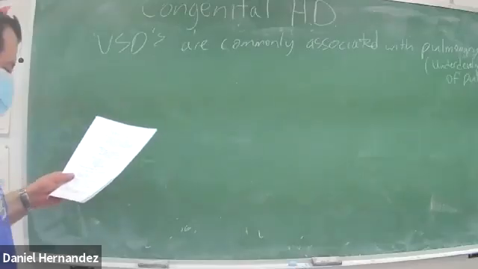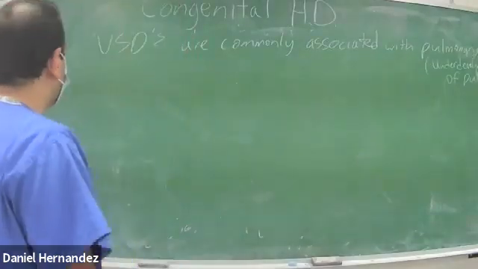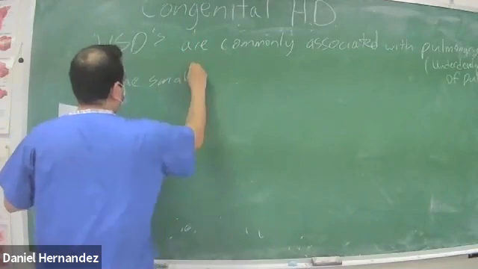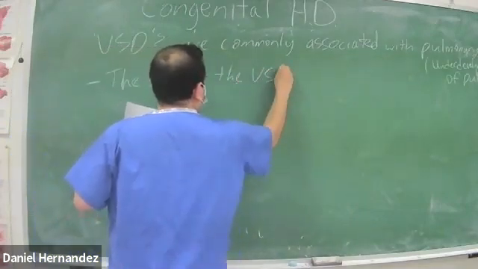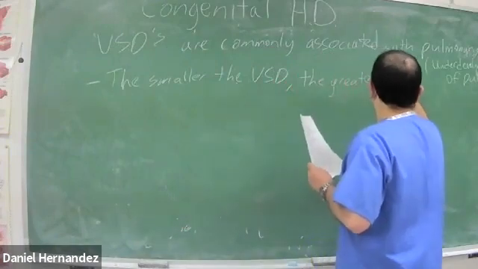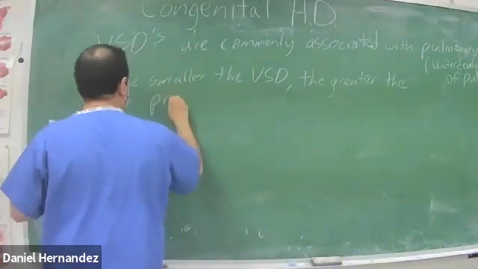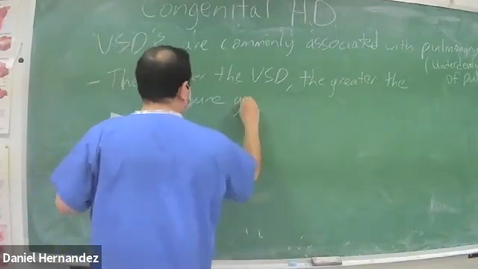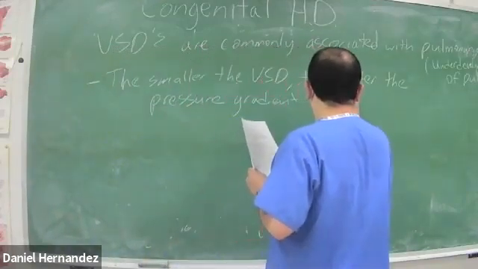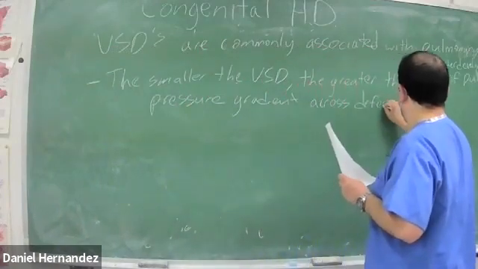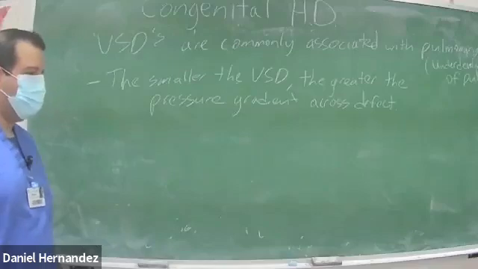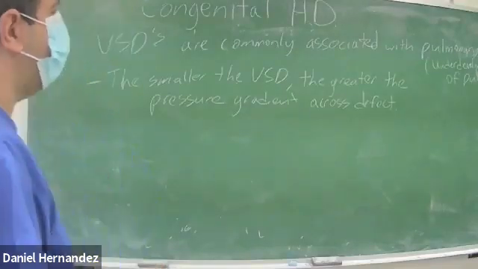The smaller the VSD, the greater the pressure gradient across the defect. We measure our pressure gradients using our pressure half time.